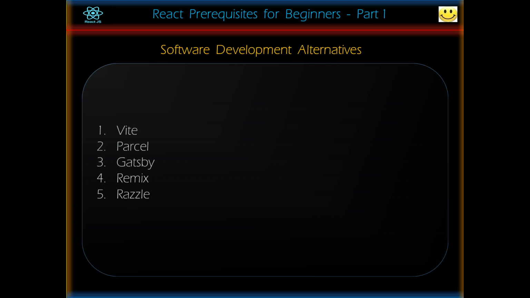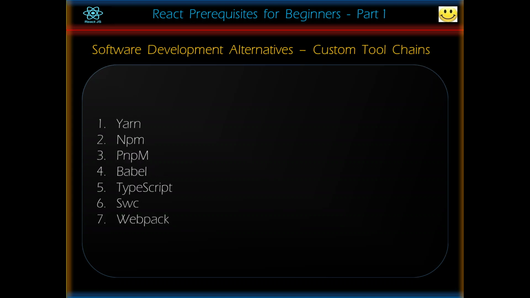In the next lecture, software development alternatives, we will learn about Vite, Parcel, Gatsby, Remix, Reusable. In the next lecture, software development alternatives, custom tool chains.